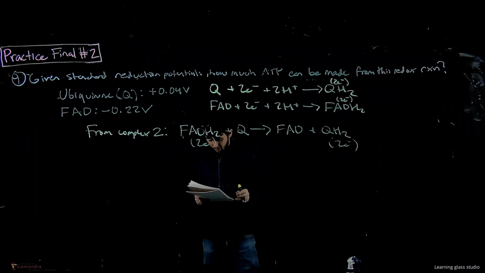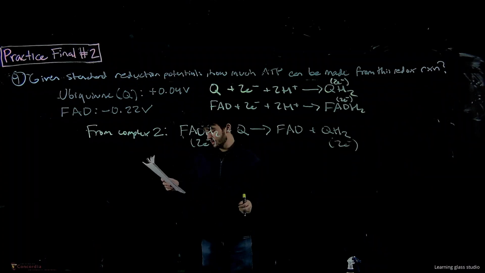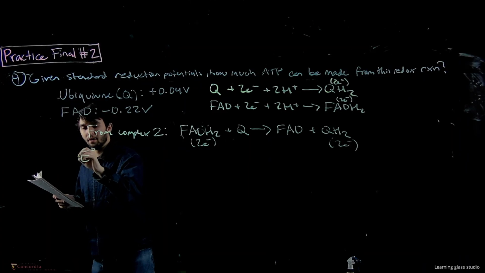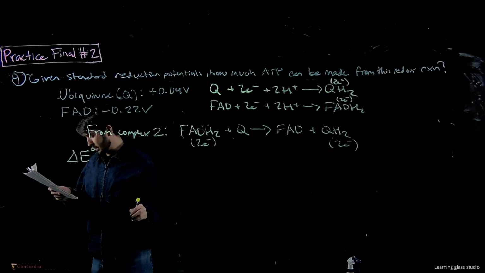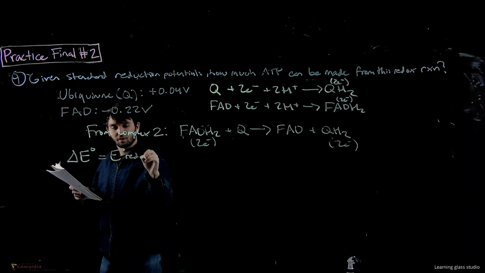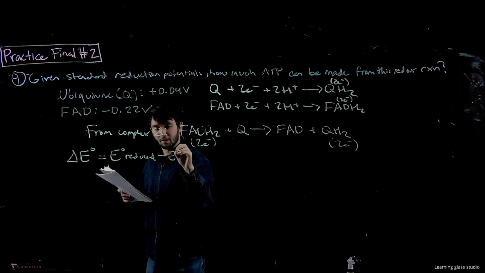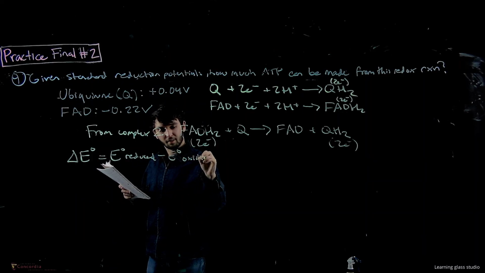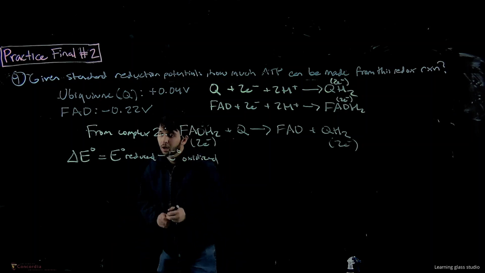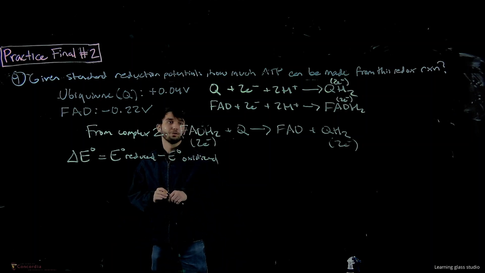So we now have to calculate the standard cell potential. So E cell, or we can do delta E here, equals E reduced minus E oxidized. This is just as we saw before. What is being reduced here?